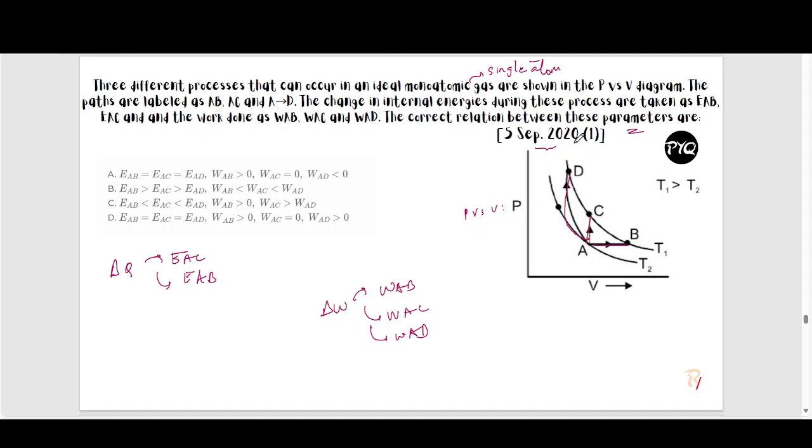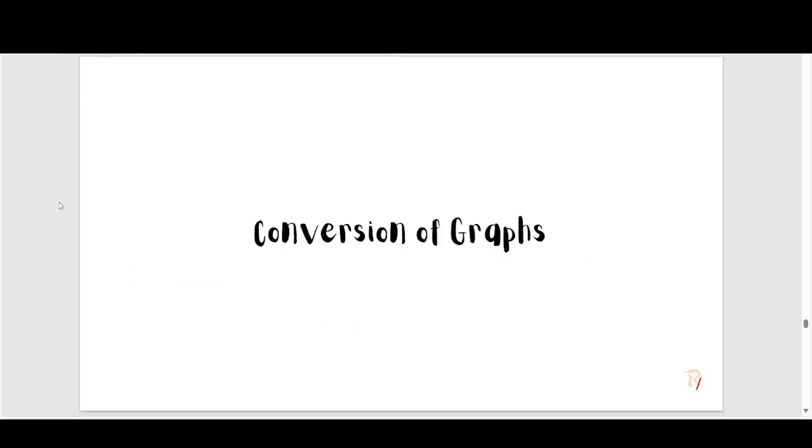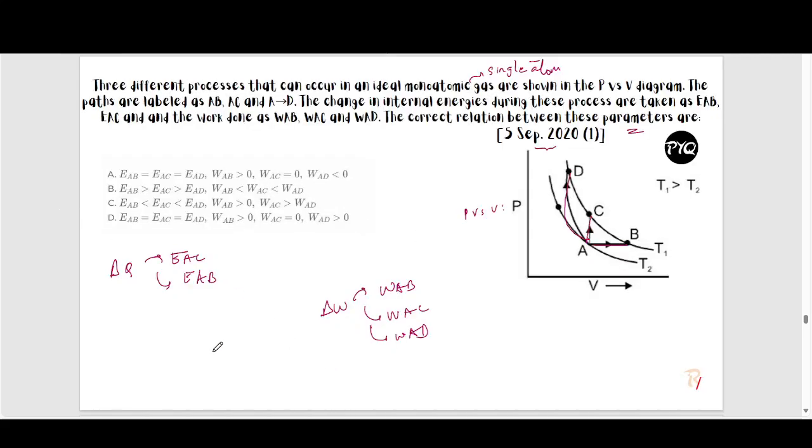It's a monoatomic gas. TB equals TC equals TD. Del T equals del T of AB equals del T of AC equals del T of AD. Sorry. Here temperature 1 is greater than temperature 2.